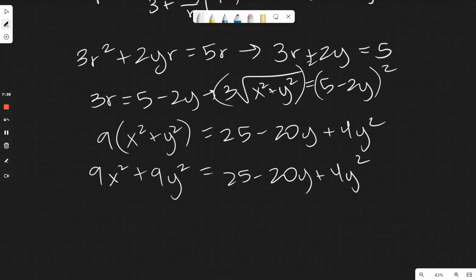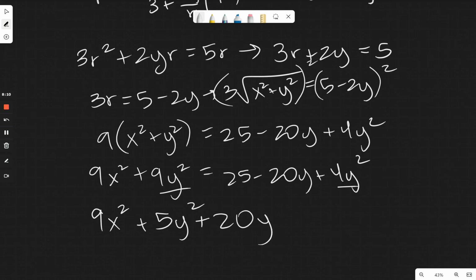And so when we add like terms and get everything to one side, this becomes 9x squared plus 9y squared plus 20y. Oh, actually, for the 9y squared, we have to subtract the 4y squared. So this becomes plus 5y squared and then plus 20y.